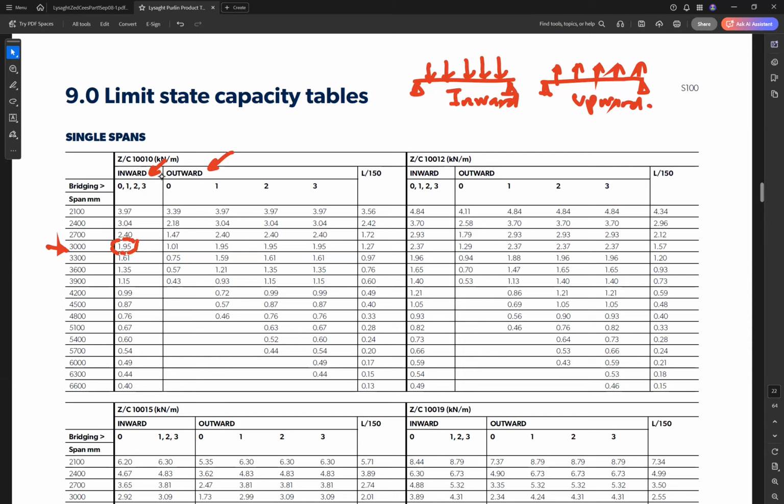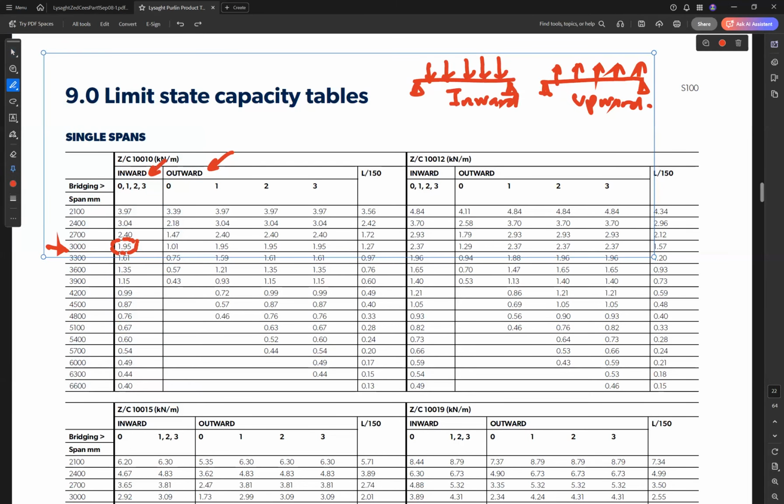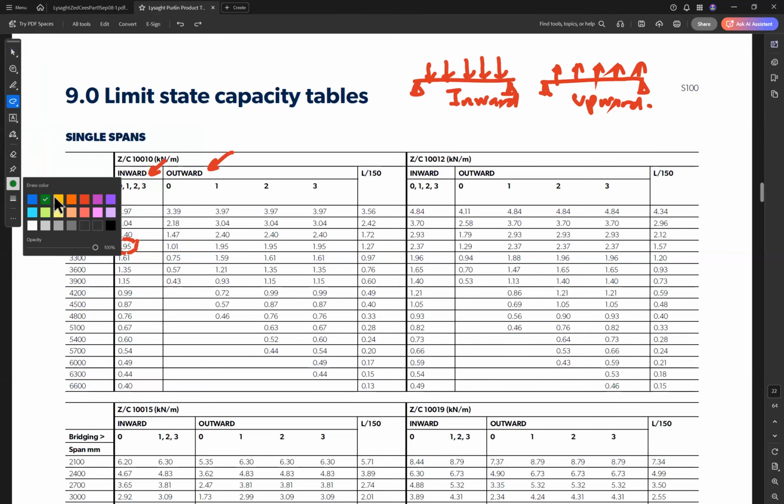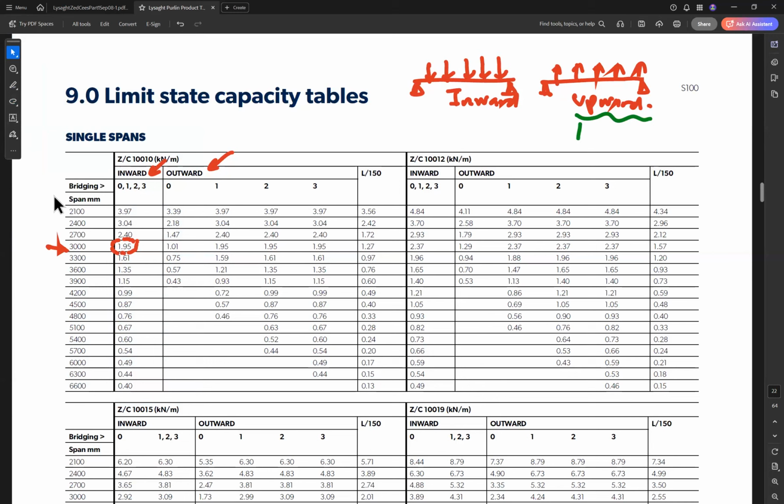For outward, the bridging will help the upward loading. So for upward loading, the bridging affects our calculation. So it is affected by bridging.